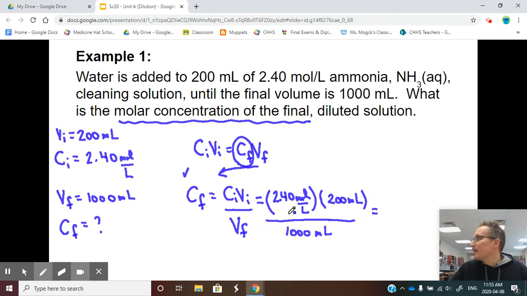So in my calculator, I am going to go 2.40 times 200, enter, divided by 1,000. And the answer I get out is 0.480 moles per liter. You get your second mark for substituting in the numbers with unit attached, and you get your third mark for giving me the answer with a unit attached. This question would be out of 3 marks.